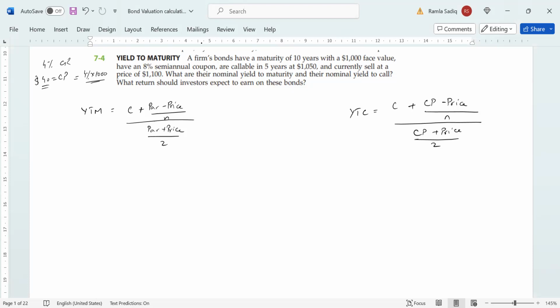So we've got our coupon payment of $40 plus our par value of $1,000 minus our price of $1,100, divided by 10 years to maturity in the case of yield to maturity. All of this is to be divided by 1,000 plus 1,100 divided by 2. We're going to go ahead and plug all of that into our calculator step by step.